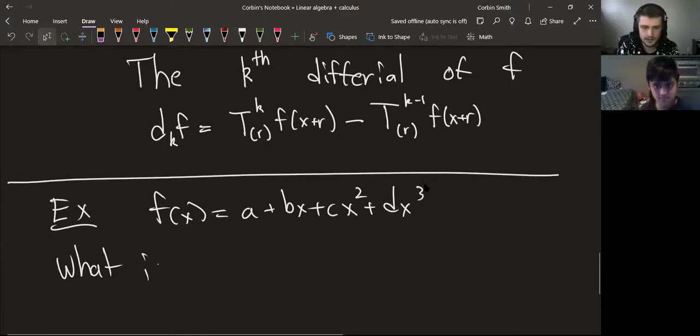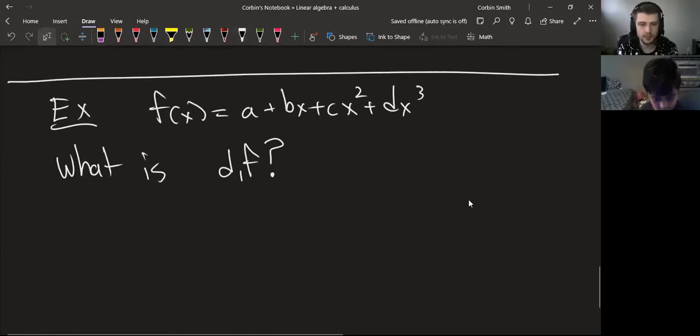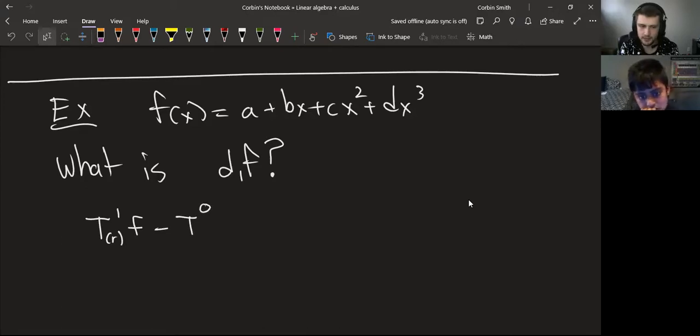What is d_1 of f? That's going to be T_1 in r of f minus T_0 in r of f. I'm going to skip some of the work.